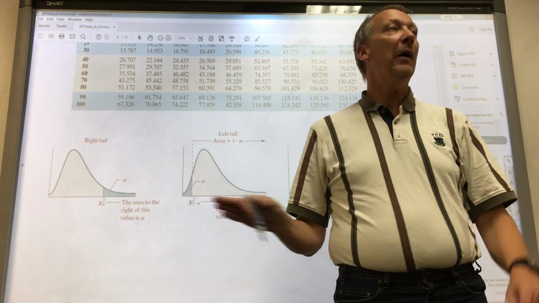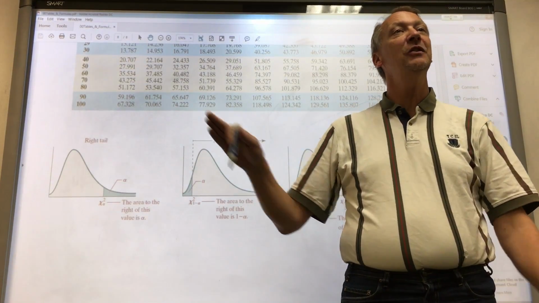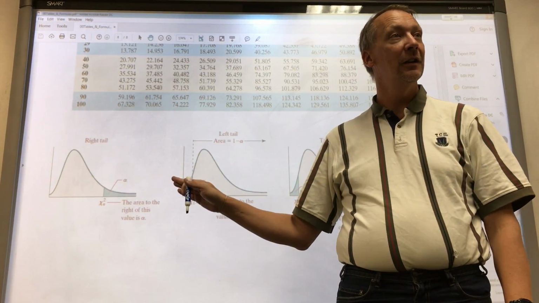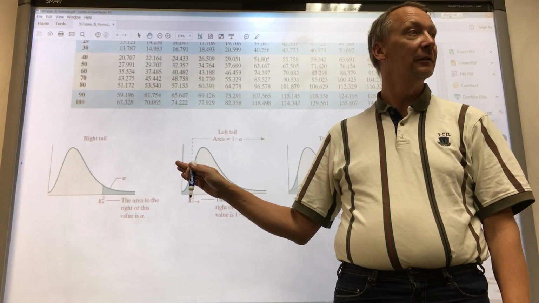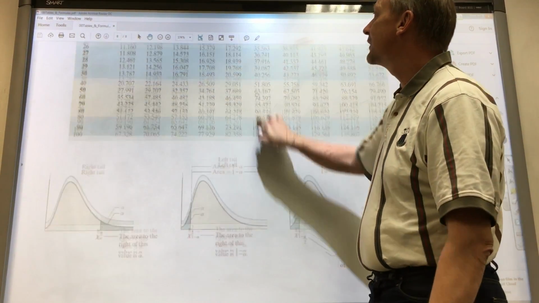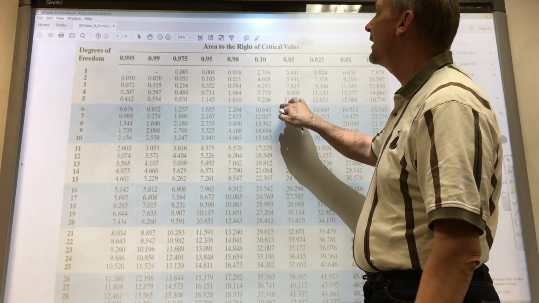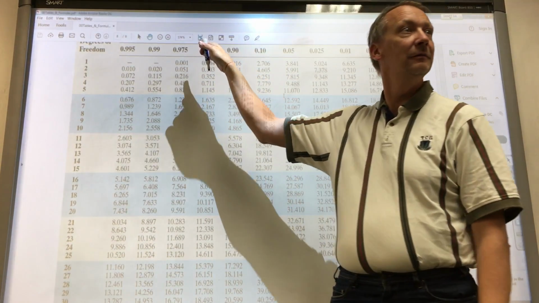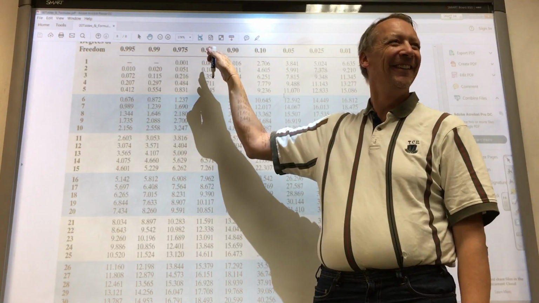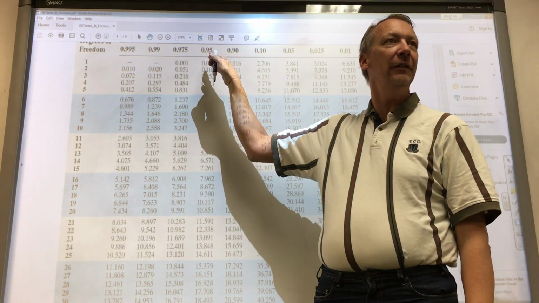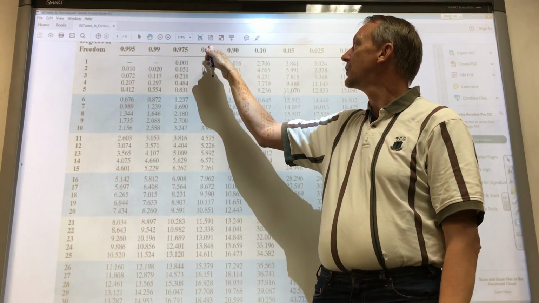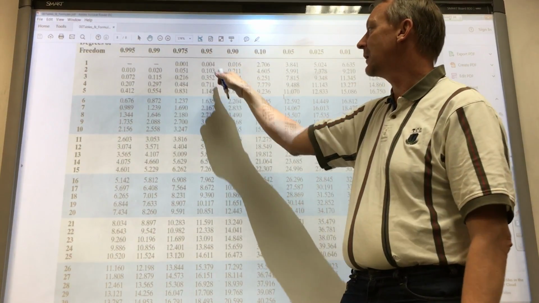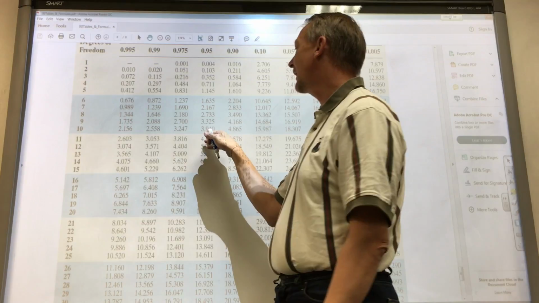So, if I want 5% on the left, how much do I want on the right? I want 95% on the right. Okay? So, I'm looking at the 0.95 column. So you do 1 minus your alpha, because I want it on the left. Okay? So when I'm looking at my 0.95 column, 10 degrees of freedom, that gives me that value there at 3.940.